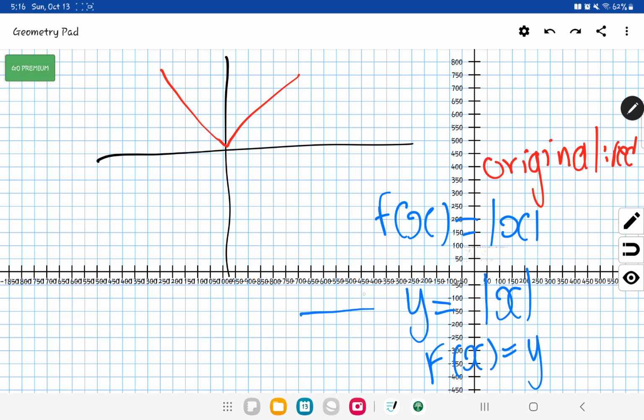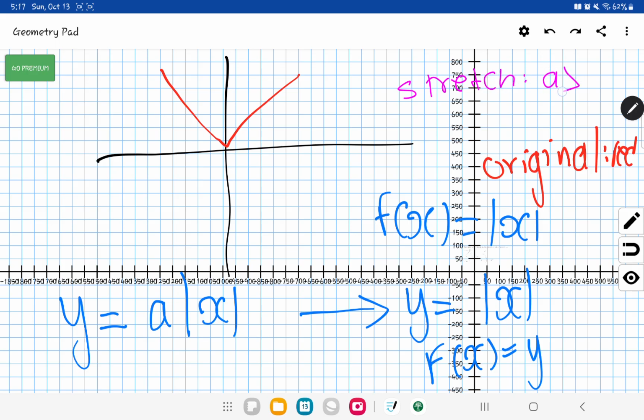So let's say we're going to take y is equal to absolute value of x, because it's very simple, very easy. If we multiply the absolute value of x by a number a, there will be something called stretching or shrinking. So the graph will stretch if a is greater than 1.